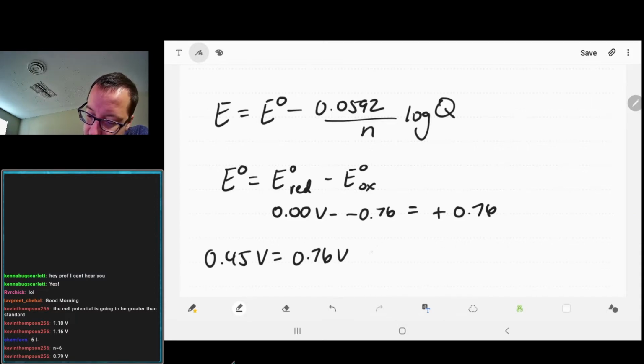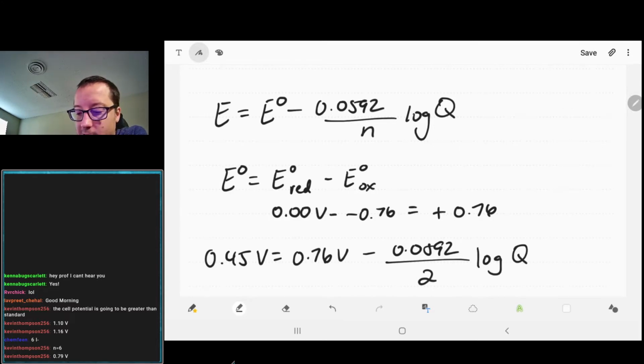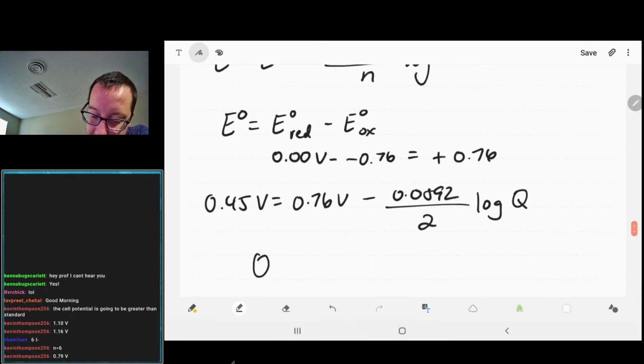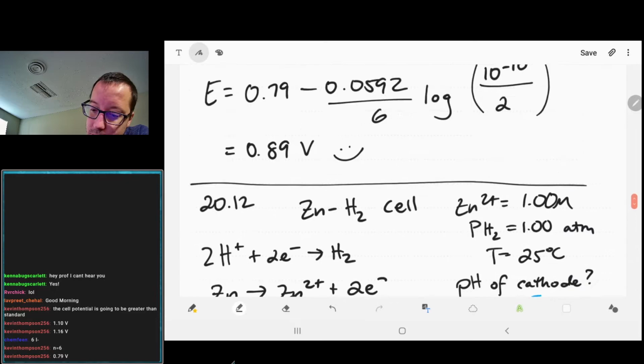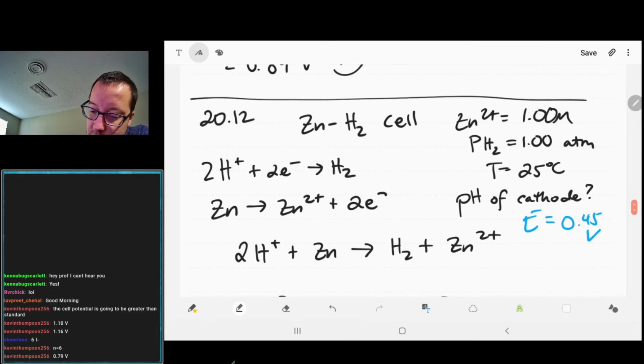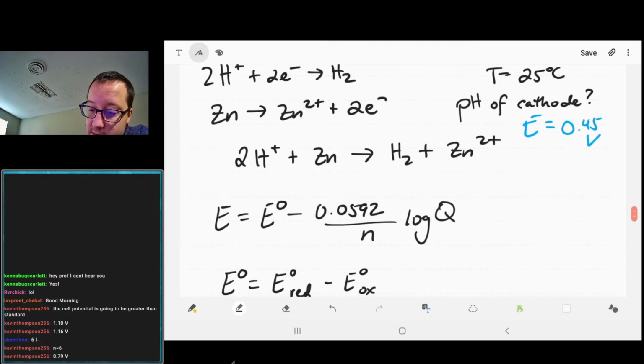So we have 0.45 volts, 0.76 volts, minus 0.0592. We have 2 electrons in this process. Log Q. For this reaction, Q is equal to, we have Zn2+ on top and H plus squared on the bottom.